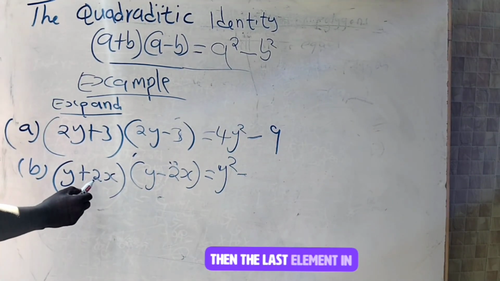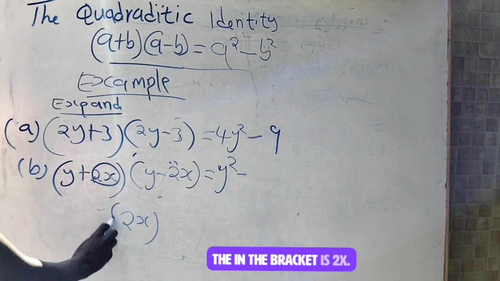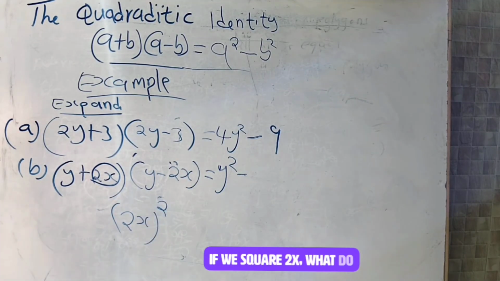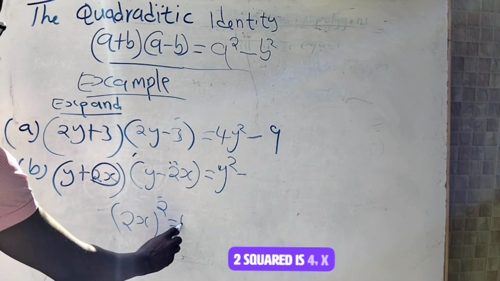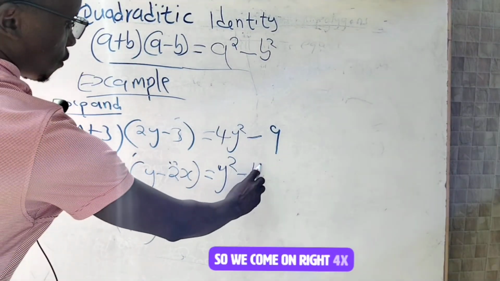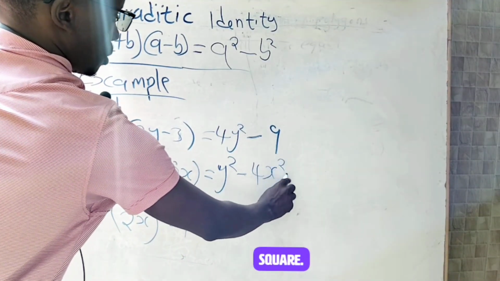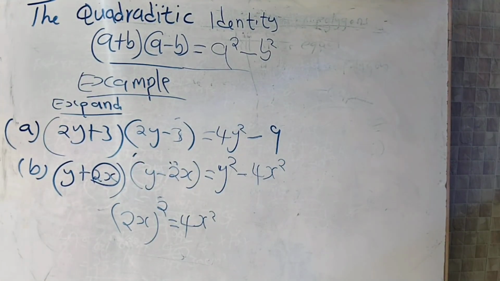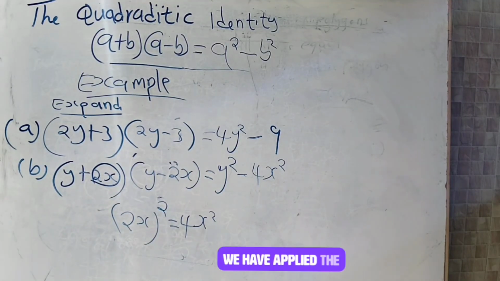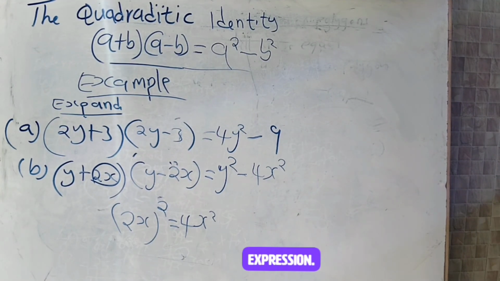Then the last element in the bracket is 2x. If we square 2x, 2 squared is 4, x squared is x squared, so minus 4x squared. We have applied the identity to expand that expression.